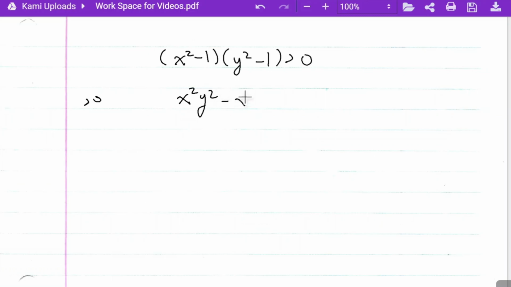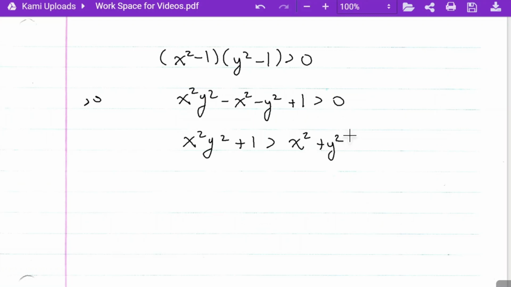So with this, I have (x squared minus 1)(y squared minus 1) is bigger than 0. So x squared y squared minus x squared minus y squared plus 1 is bigger than 0. Now, I need to move these guys over. I have x squared y squared plus 1 is greater than x squared plus y squared.